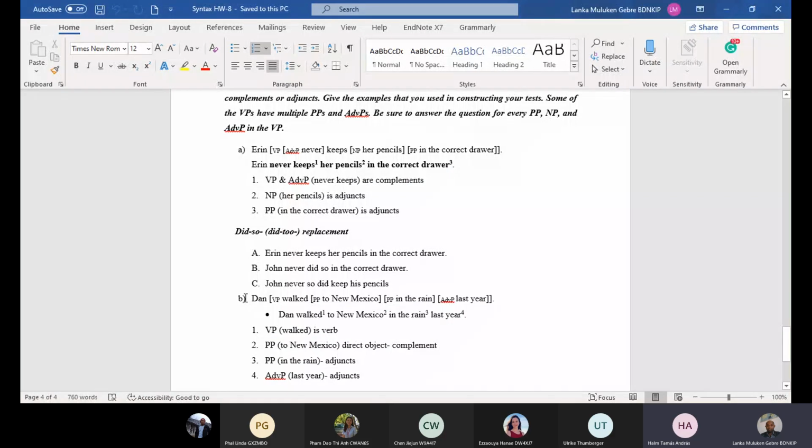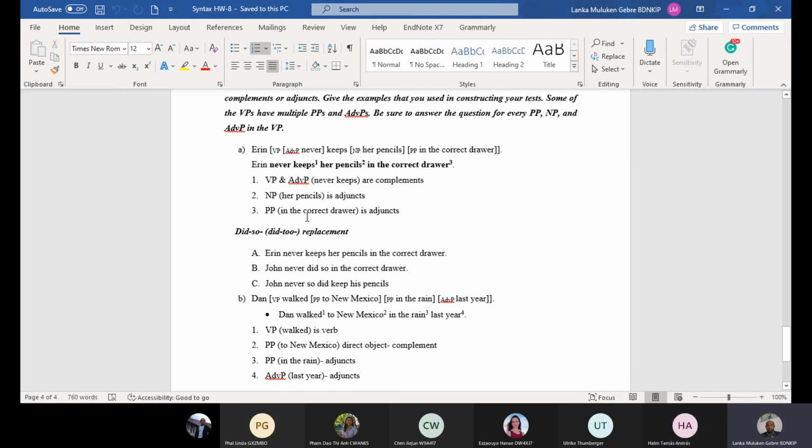There it is. So here, the first one, these phrases are never keeps. It is verb phrase, and also adverb in the case of never, and when we join never keeps as one phrase, it is verb phrase, and her pencil is noun phrase, and also PP is in the correct drawer.